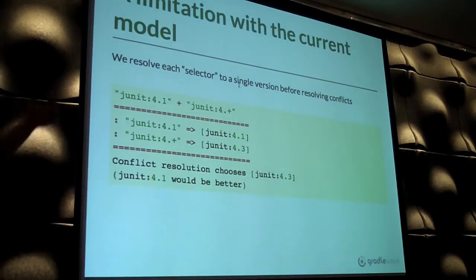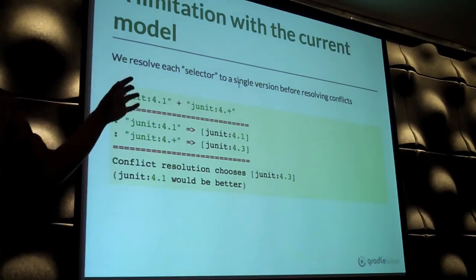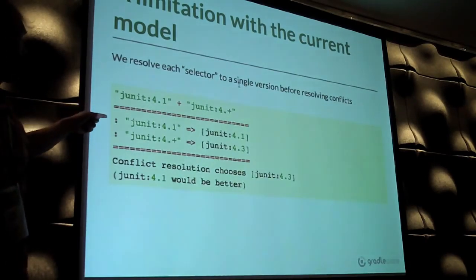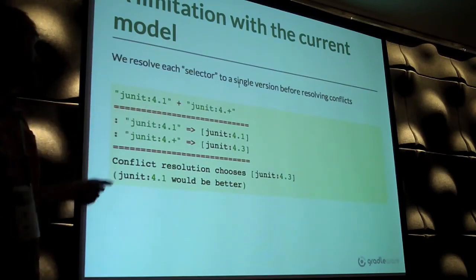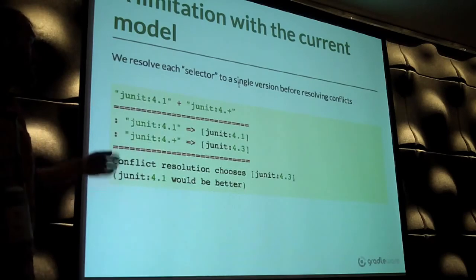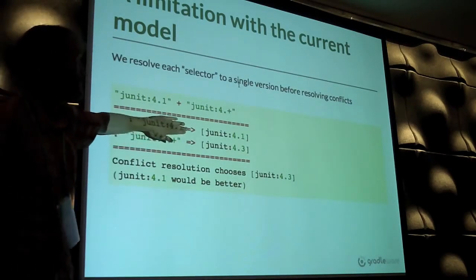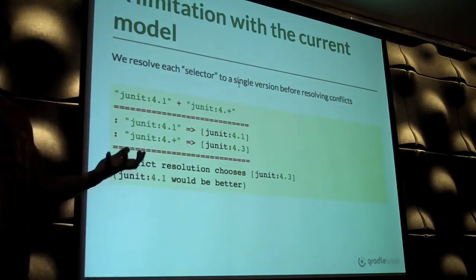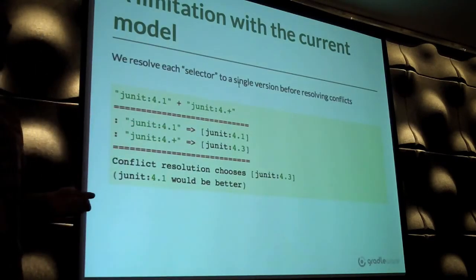So if you ask for JUnit 4.1 and then something else says, I want JUnit 4.plus, first Gradle will resolve JUnit 4.1 to JUnit 4.1. It'll resolve JUnit 4.plus to, say, 4.3 that's available. Then it's forgotten all this information, and all it knows is I've got 4.1 and 4.3. What am I going to use? I'll use the newest, 4.3.